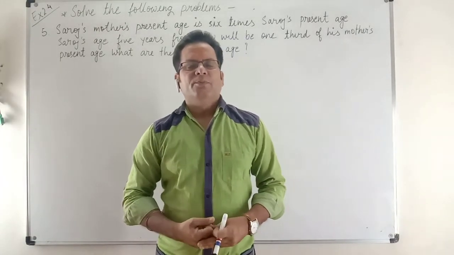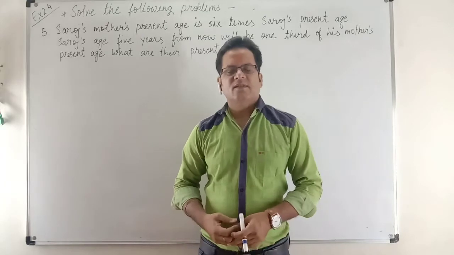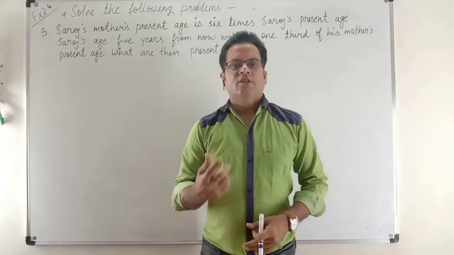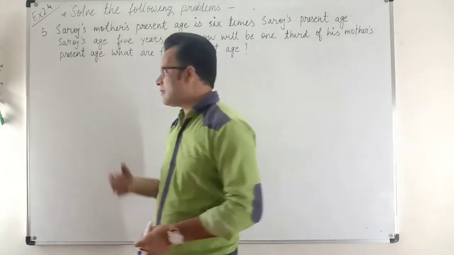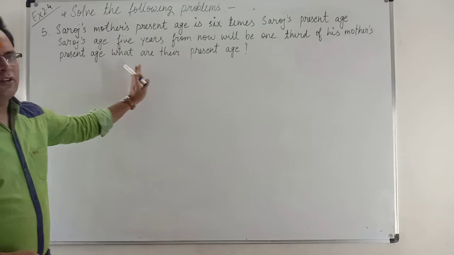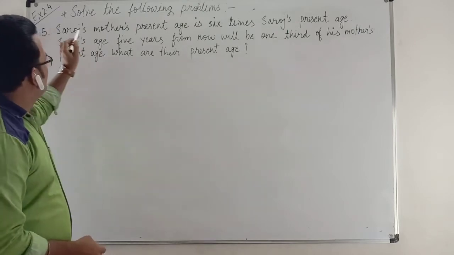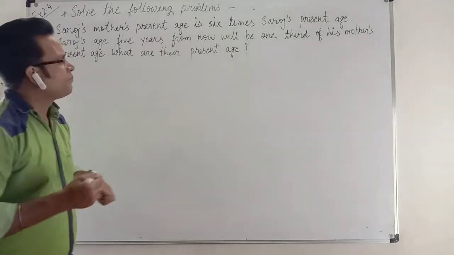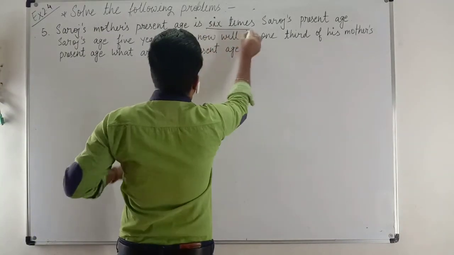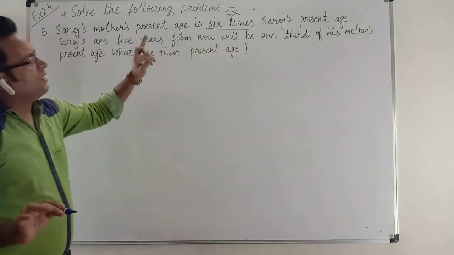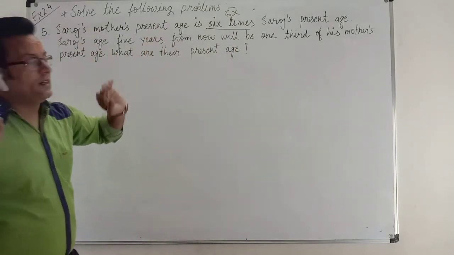This kind of sum becomes complicated to understand because we are not paying sincere attention. So let's try to understand. It's very easy. See, here first of all what you have to find? Age. Now Saroj's mother's present age is 6 times, okay, 6 times means you should understand that it is 6x. 6 times Saroj's present age.